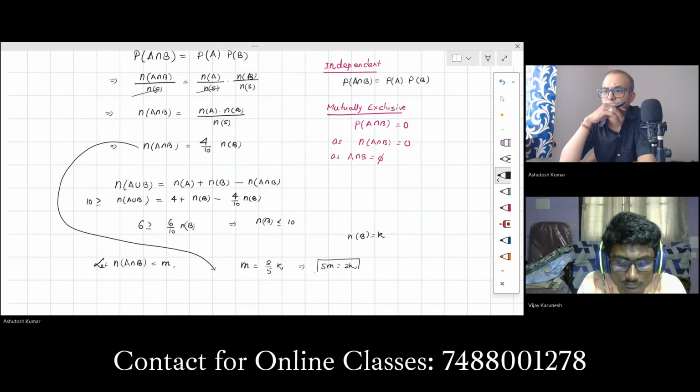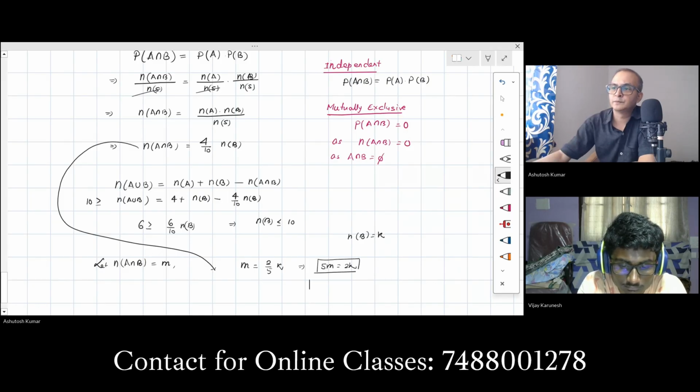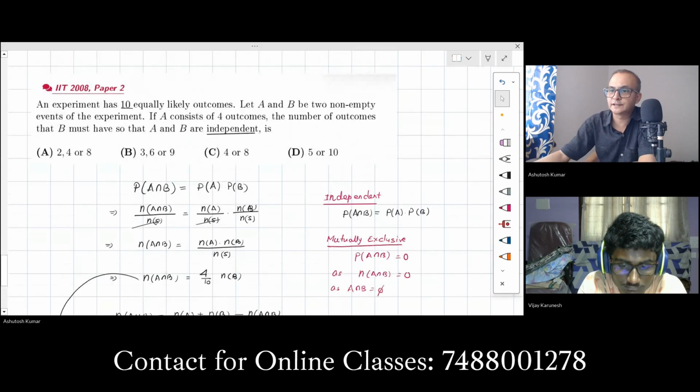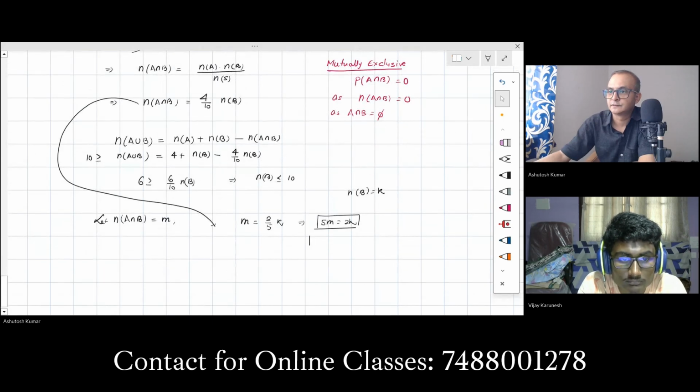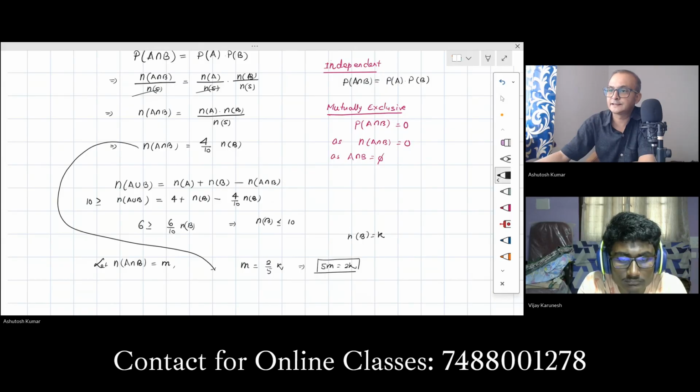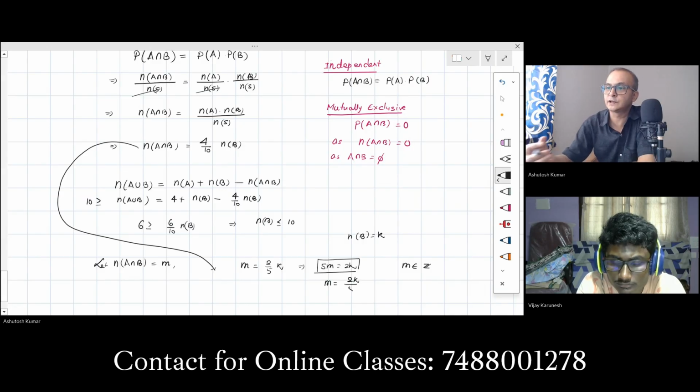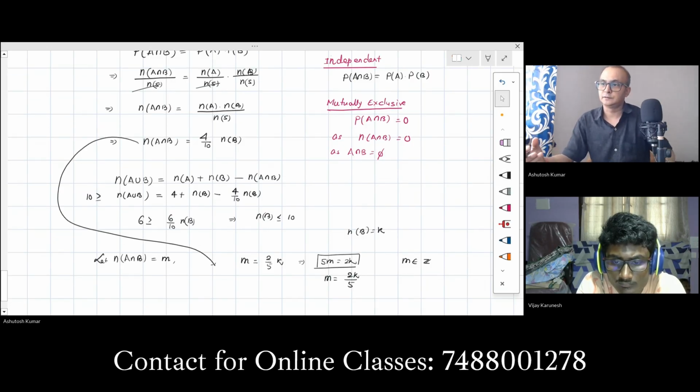Yes. Now if 5m is equal to 2k, see the options. m is an integer, so m should be what? 2k divisible by 5. It means k must be a multiple of 5, correct?